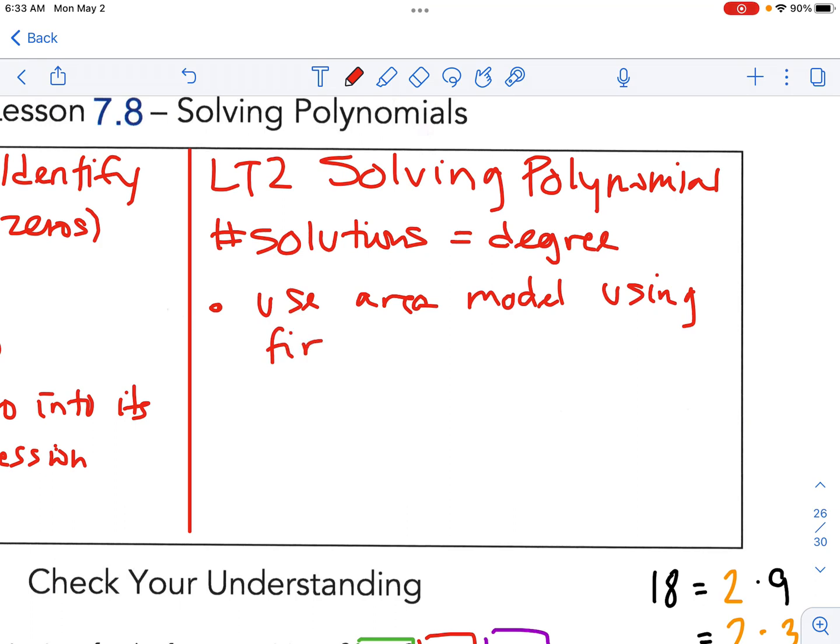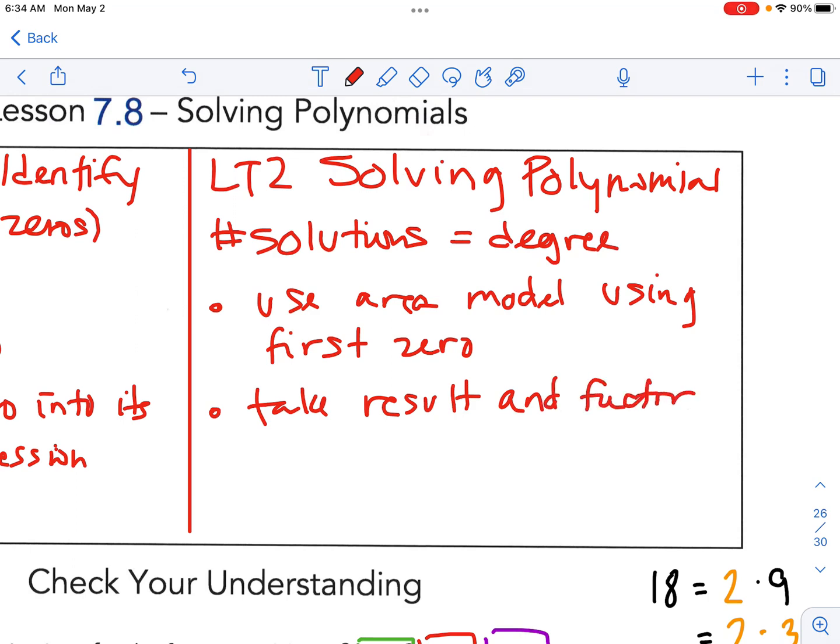And using the first 0 that we found from learning target number 1, then take that result and factor using any method after the area model.